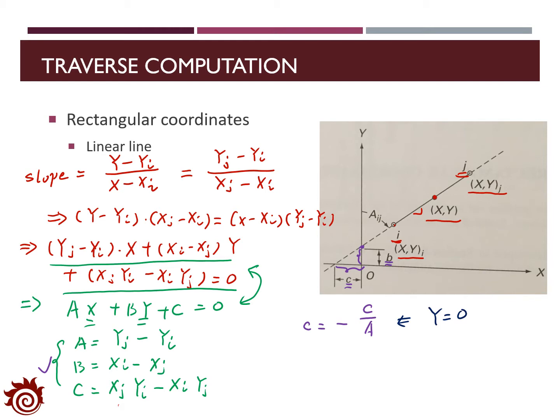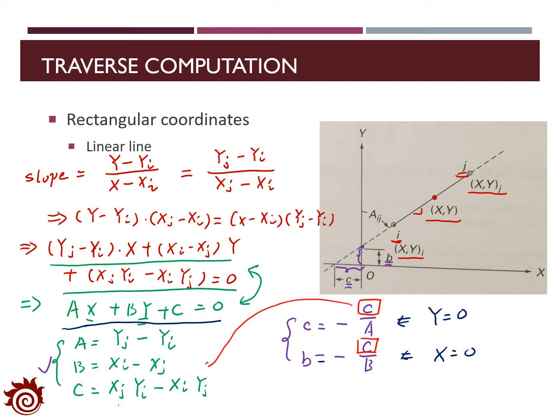If you assume y equal to 0 in this equation, you can see that little c equal to minus C over A. Similarly, if you assume x equal to 0, you can find out the value of little b, that is minus C over B. For these two equations, here the value of c on the right comes from the equation on the left.